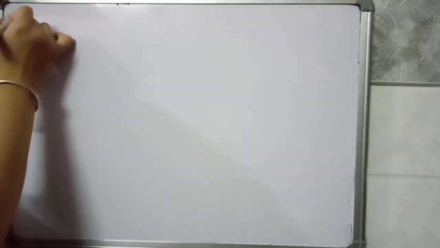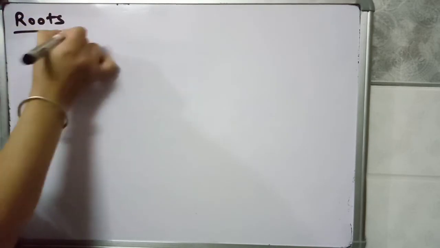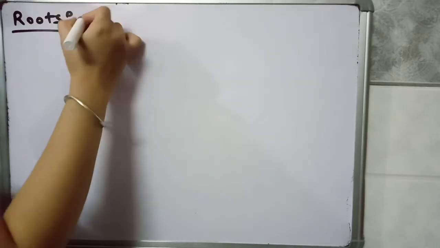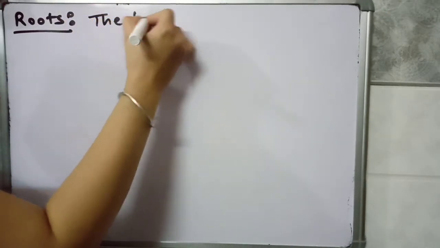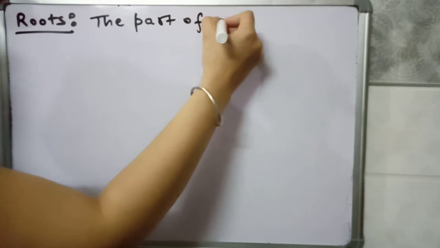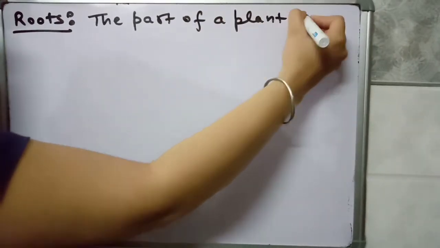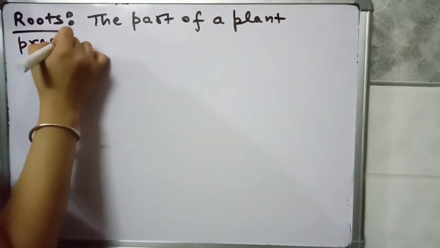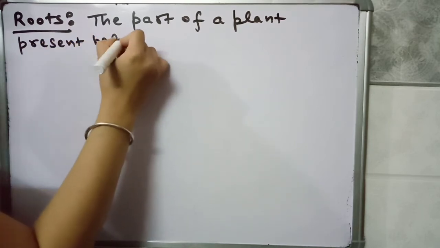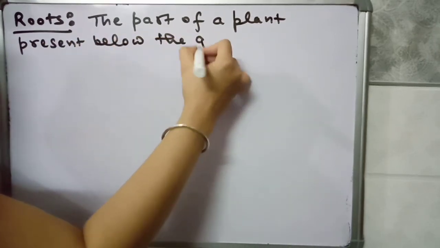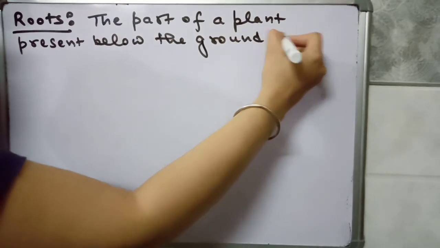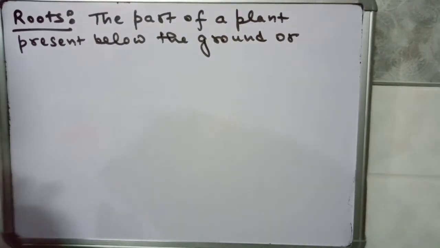So first of all we will see the definition of roots. Students, roots are the part of a plant which is present in the soil, which is present below the ground.